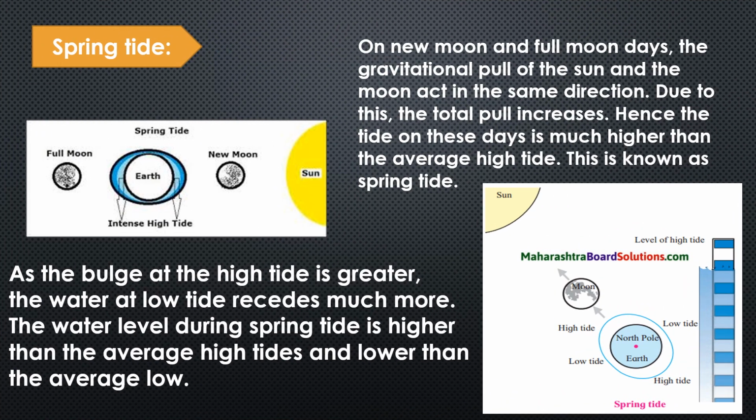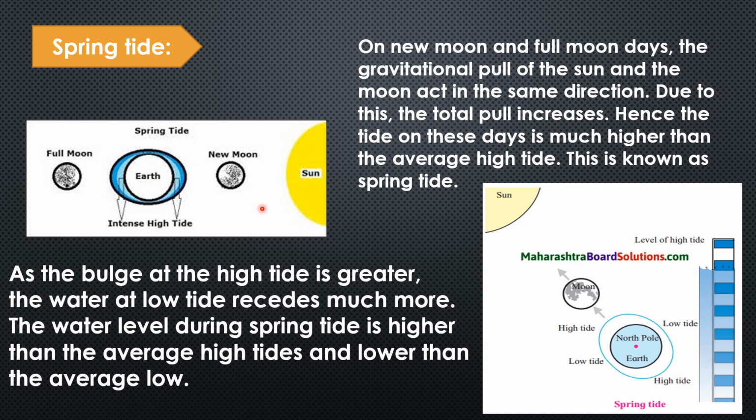There are two types of tides. One is a spring tide. This type of tide occurs only on a new moon and full moon day. This is because the position of the earth, the moon, and the sun lie in the same plane.